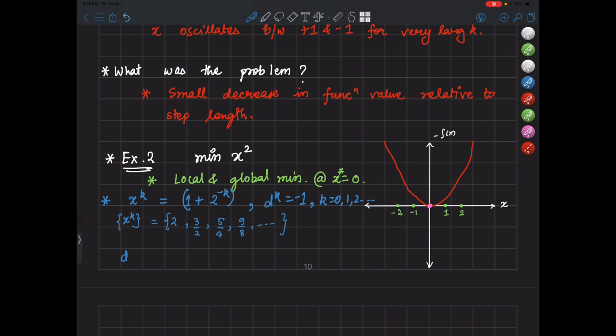Values of f will be 4, 9 by 4, 25 by 16, 81 by 64, and so on.